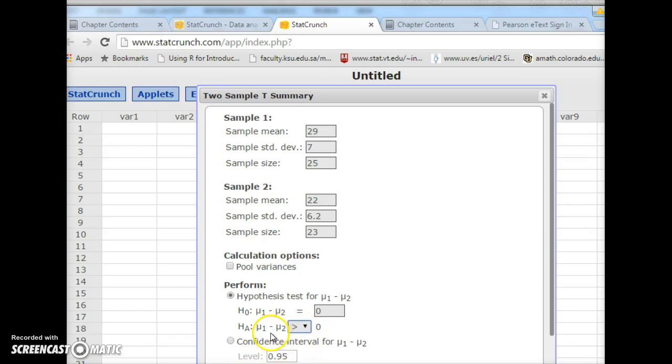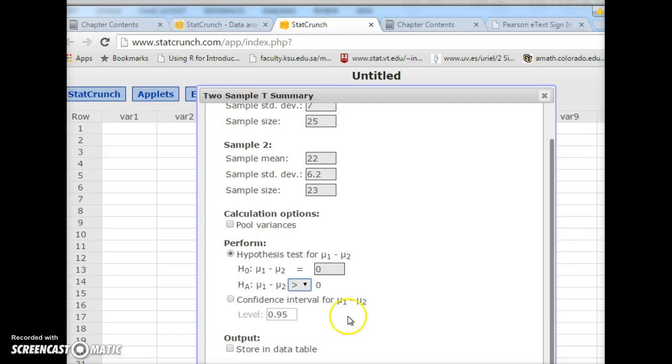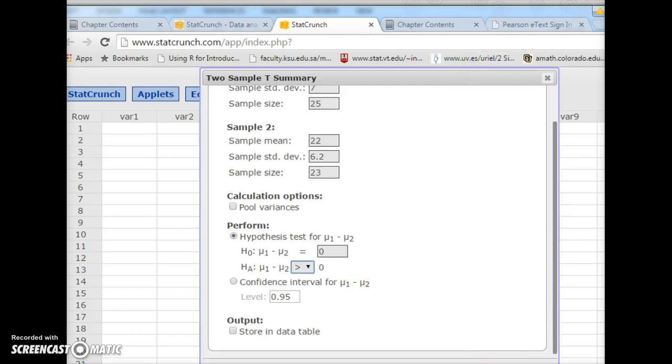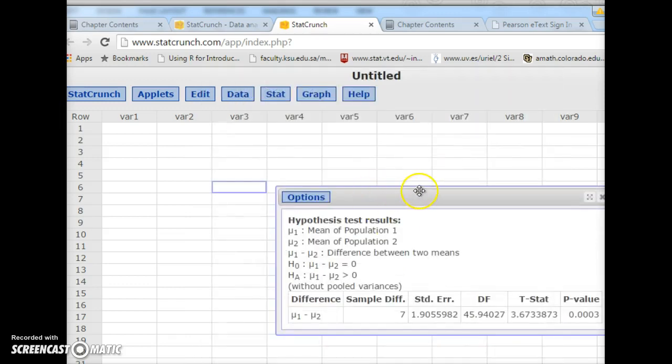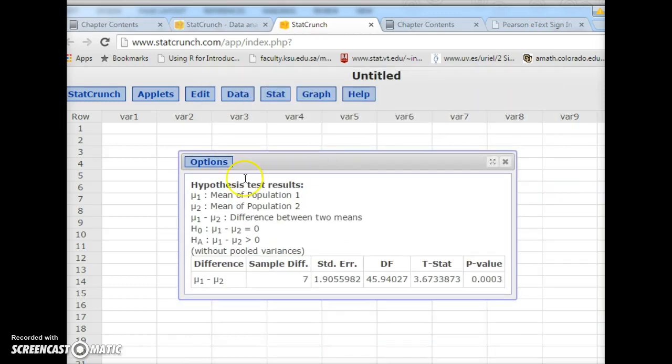And remember, in the slide it said if you add mu2 over to this side, that means greater. Mu1, the mean of sample 1, will be greater than mu2. And that's what we want. So we hit compute, and now we're given our results.